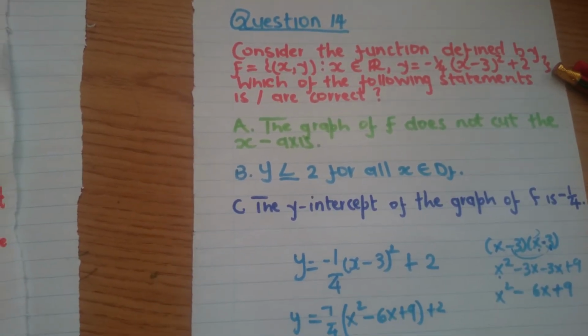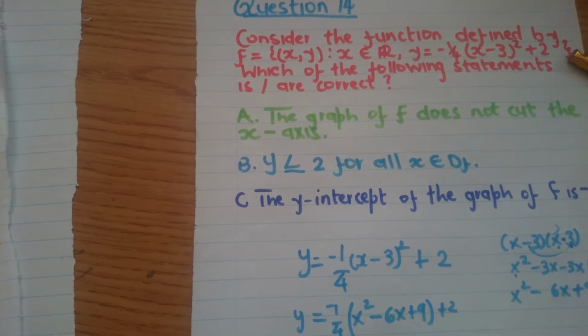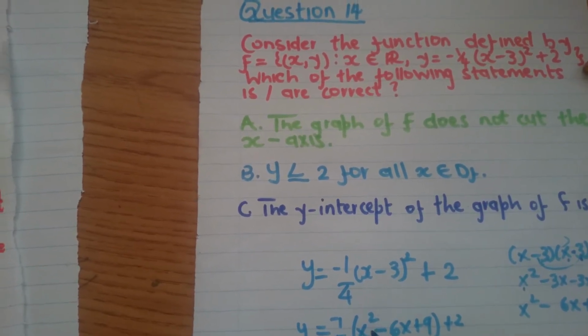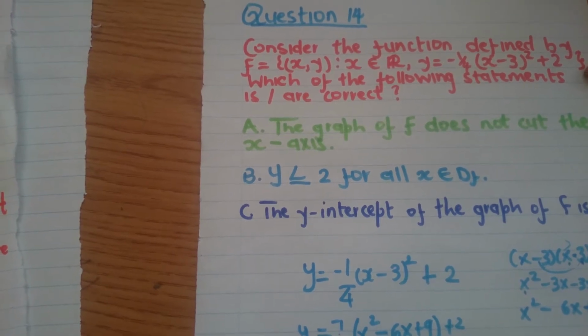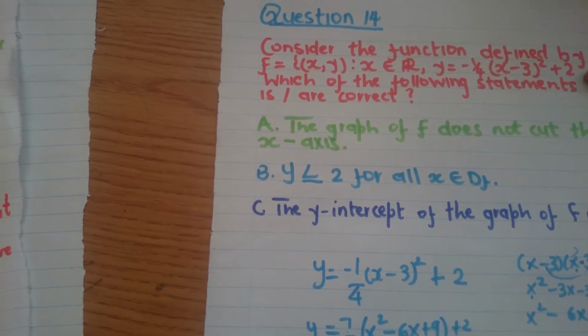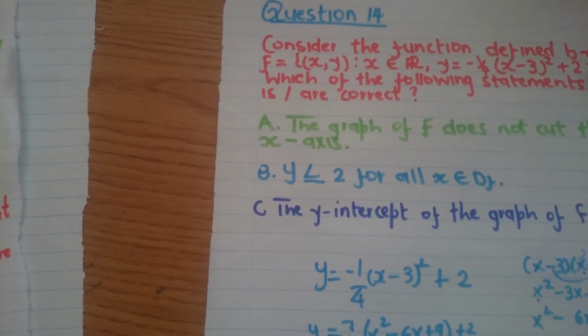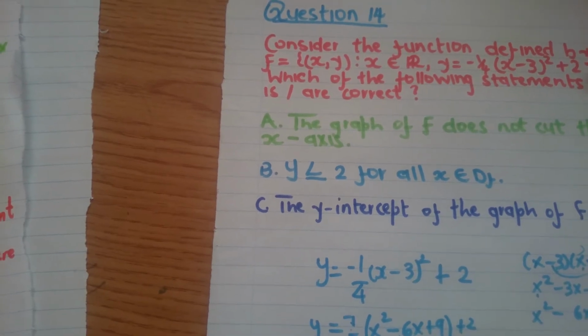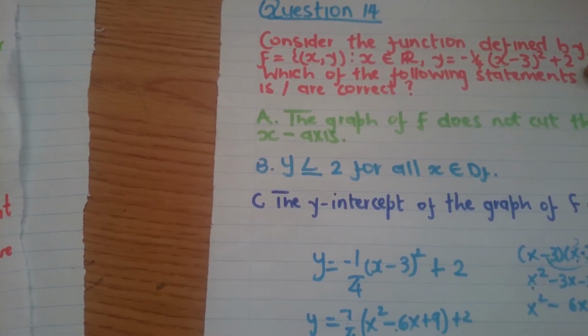So I'm going to open this bracket here. y equals -1/4 x squared, then multiply out: -1/4 times -6x gives plus 3/2 x, and -1/4 times 9 gives -9/2, and then we add 2.